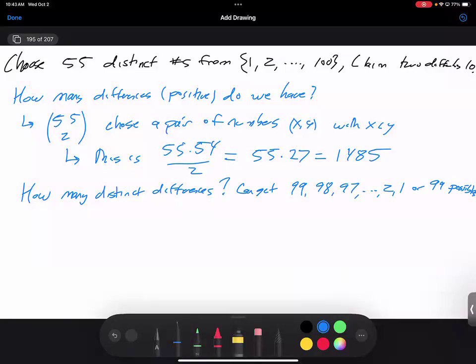I care about 10. So again, I may be trying to mislead you. We need to figure out what are the pigeons, what are the boxes. One possibility is we have 99 possible differences. We have 1,485. Is there going to be some box that's hit twice?